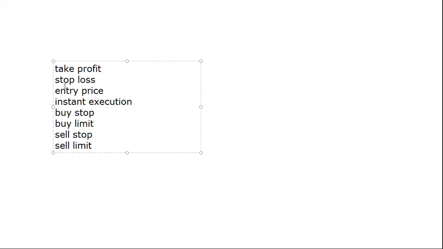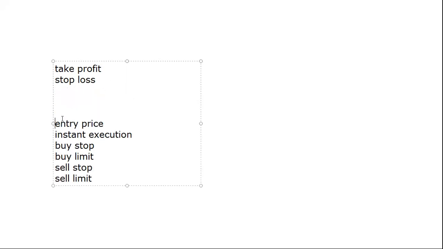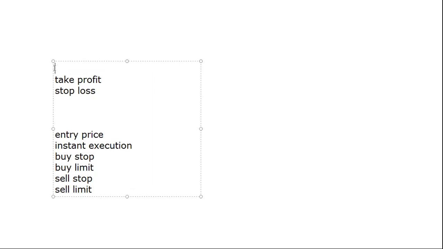They are all types of entry prices. So when we talk about types of orders, I hope you get it. Let me just write it here.